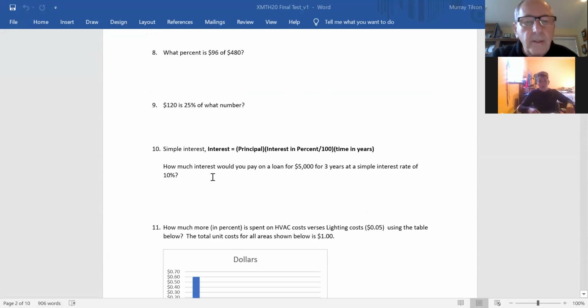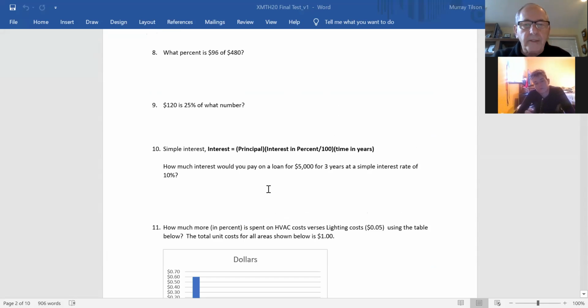Okay, you see number 10, there'll be a problem on interest. If you're given a principal, the interest in percent, and the length in years, you can figure out what the interest payment would be, right? Simple interest, not compound, just simple.